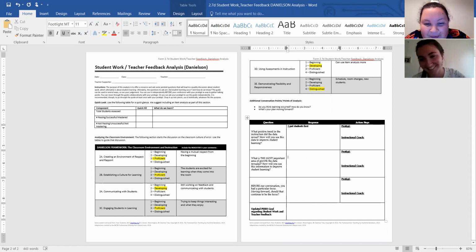Okay. What is the most important area of growth the data revealed? Maybe this one. Most important area of growth, yeah, using assessments.